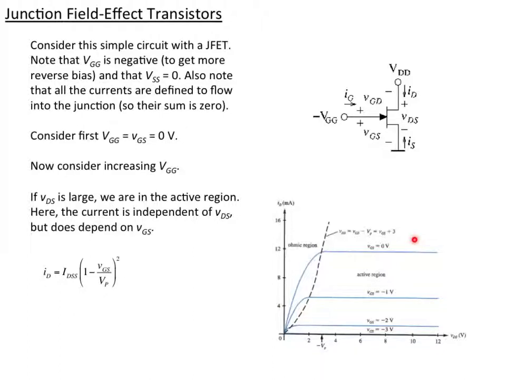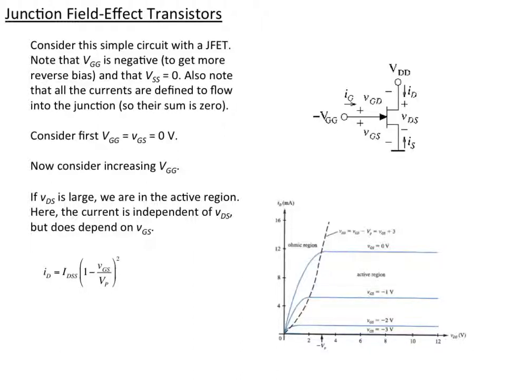So we always write that in terms of the current when the gate source voltage is 0, that's IDSS, and then it decreases quadratically as you make the gate more negative until you pinch it off. If VGS is at the pinch voltage itself, then you're pinched off at the beginning, and so you can't get any current at all.